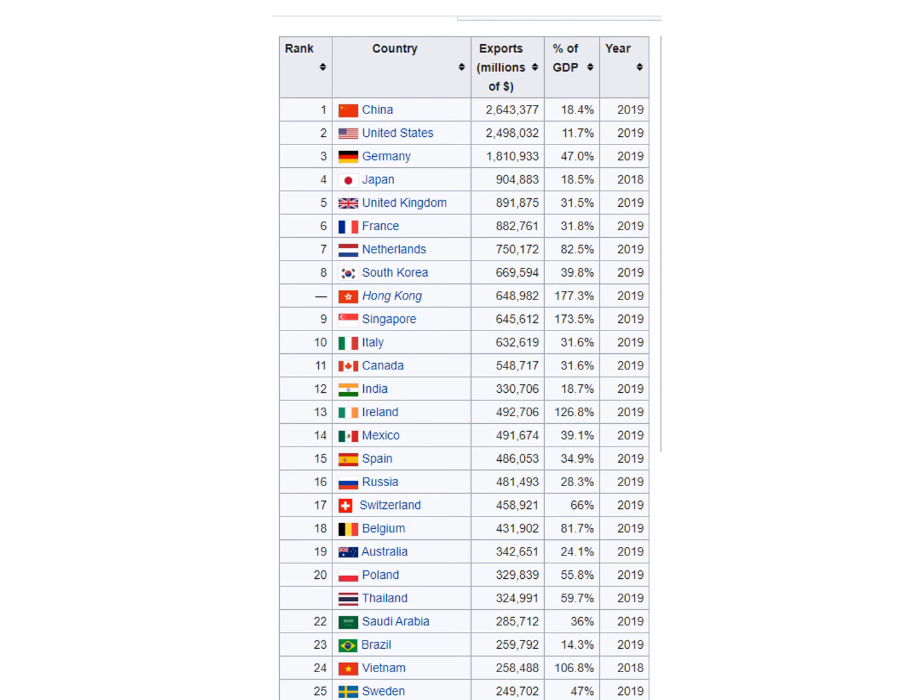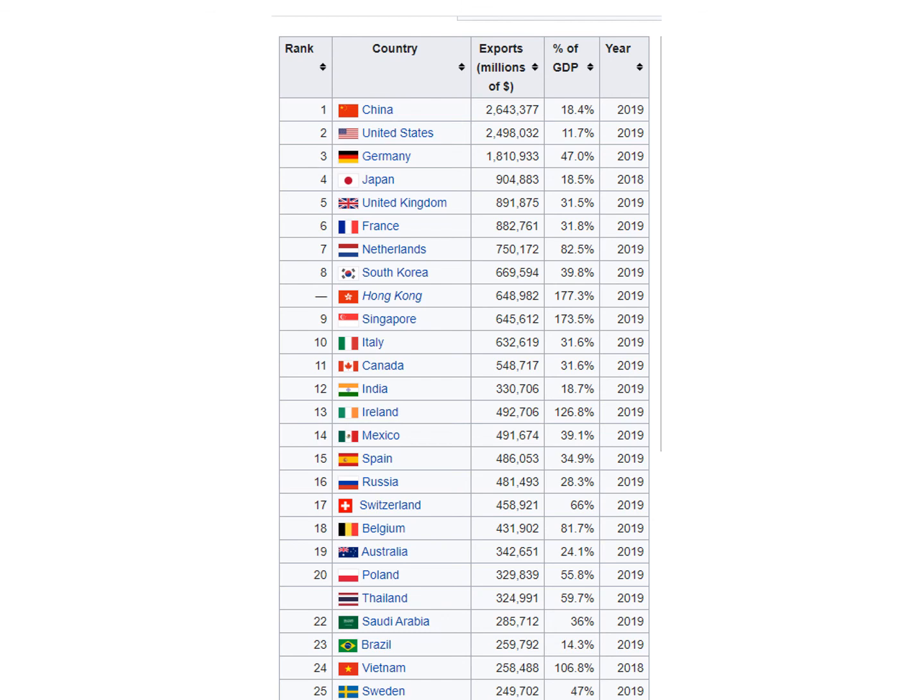It was 18.4% of their GDP. In the United States, it's one of those things where people in glass houses can't really cast stones, because the United States exports a megaton of goods and services as well, to the tune of $2 trillion, almost $500 billion worth of goods and services, and our exports are about 11.7% of GDP.